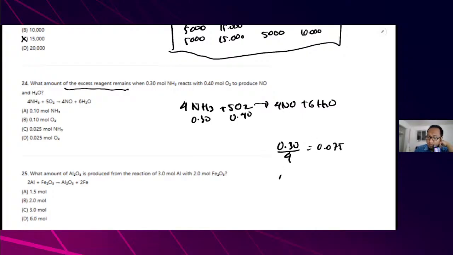And then let me calculate again: 0.4 divided by 5 is 0.08. So which one is smaller? The smaller one is this one. So O2 is the limiting reactant.